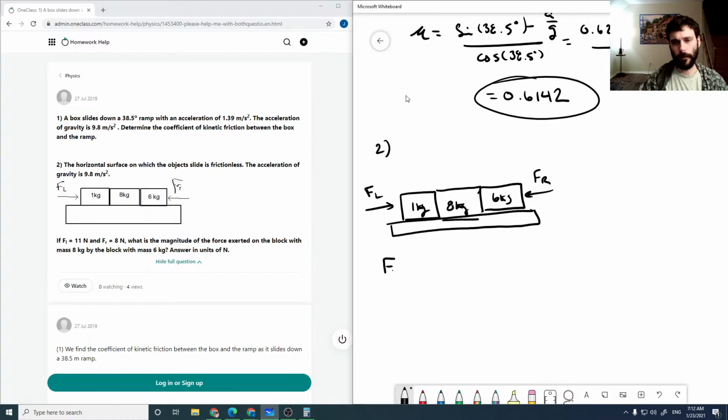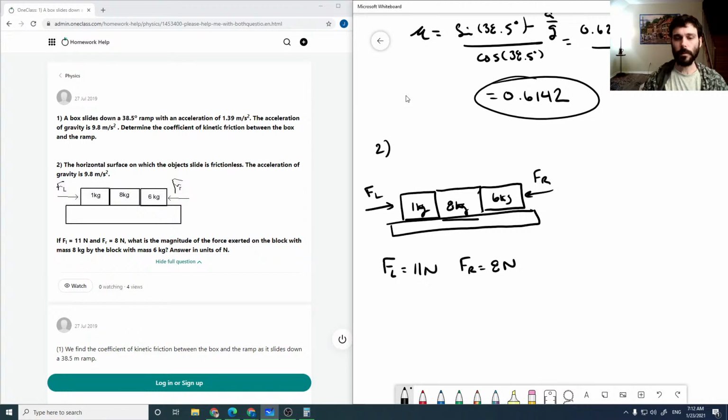So FL equals 11 newtons, FR equals 8 newtons, and it wants to know what is the force on the 8 kilogram block by the 6 kilogram block.